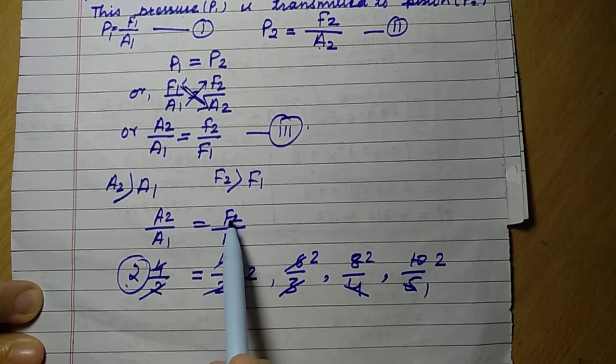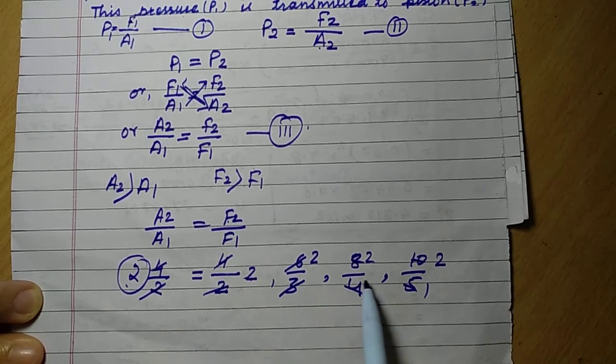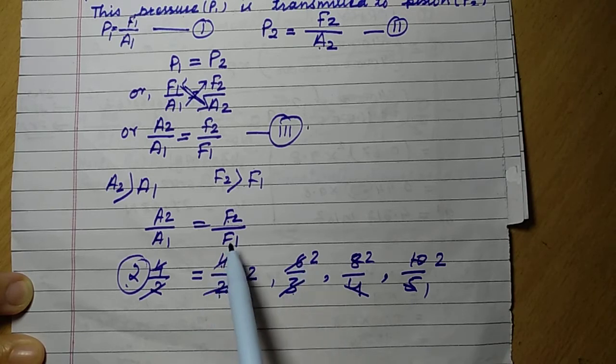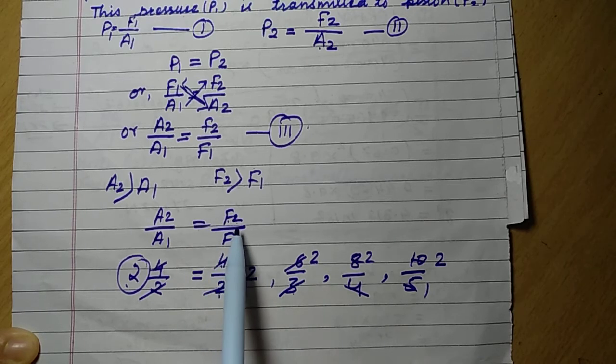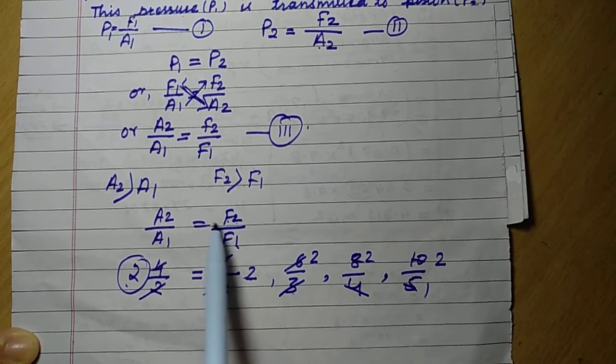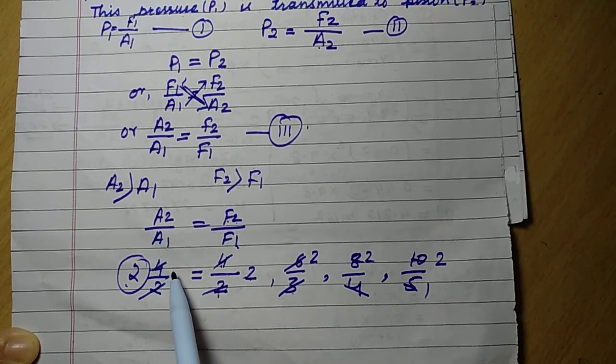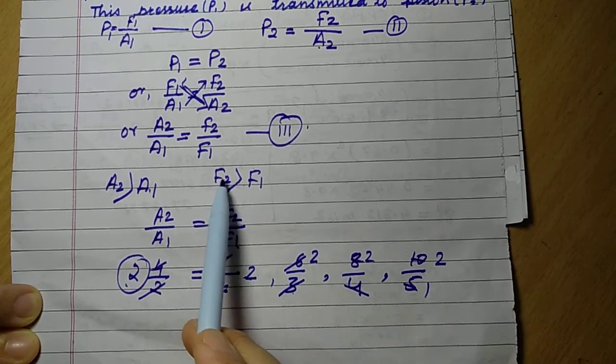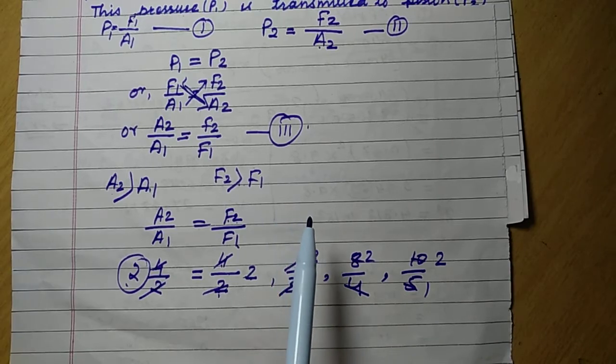That means F2 is always bigger than F1 in these fractions. F2 is 4 and F1 is 2, F2 is 6 and F1 is 3. So F2 must be bigger than F1 in order for the ratios to be equal. That is why if A2 is bigger than A1, then F2 must be bigger than F1.